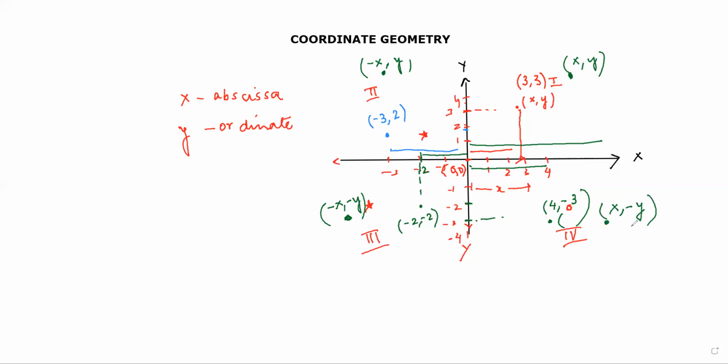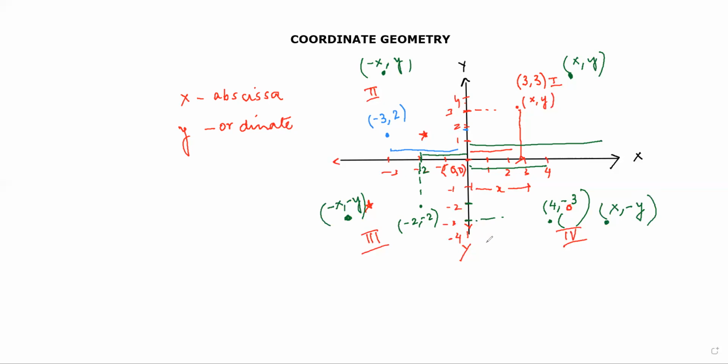I hope I've been able to make you understand that the points in the different quadrants have coordinates which are easy to find out by understanding whether the abscissa is positive or negative, and whether the ordinate is positive or negative.